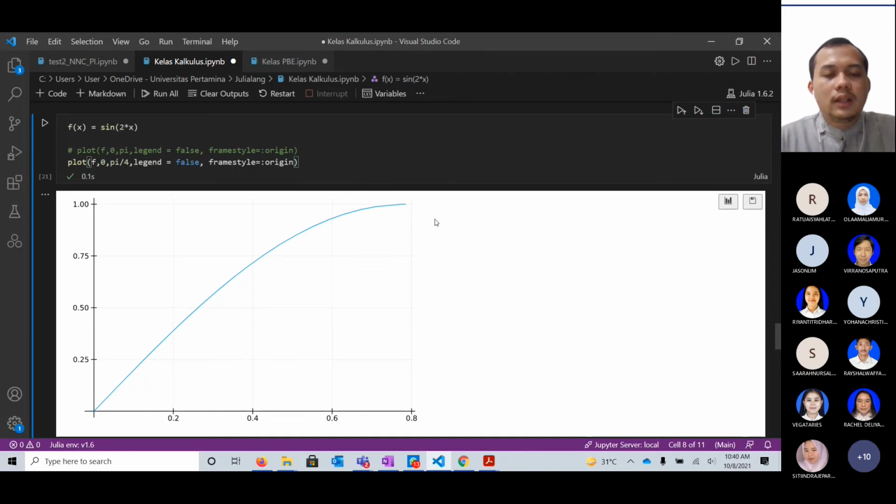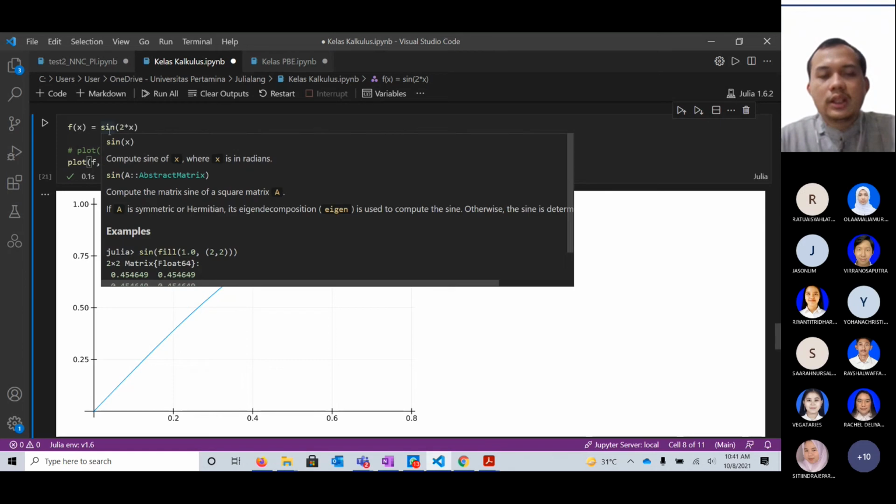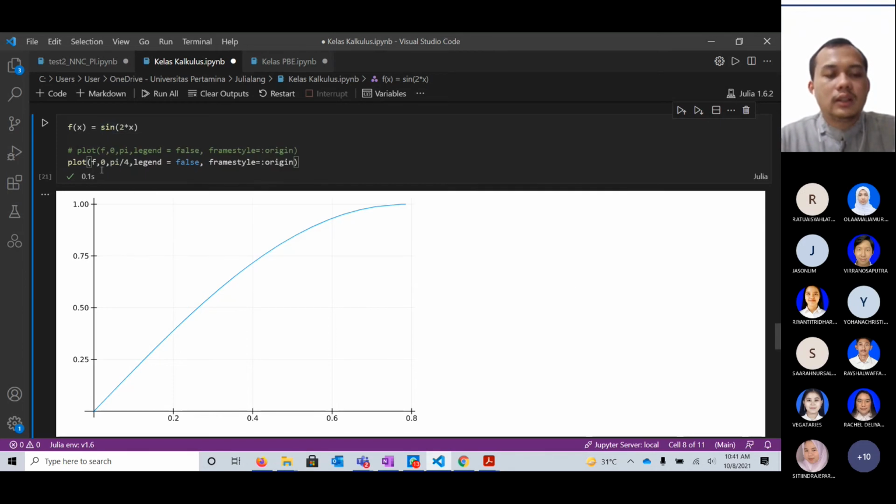In this interval, there is no f of x that has two different x. In this case, we can say that f of x equals sine 2x over the interval from 0 to pi over 4 is a one-to-one function. Is it clear?